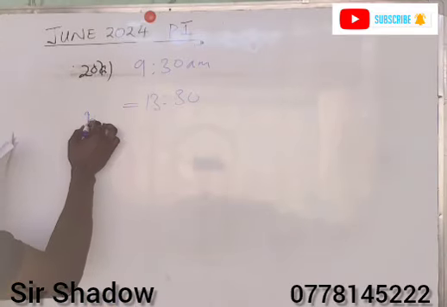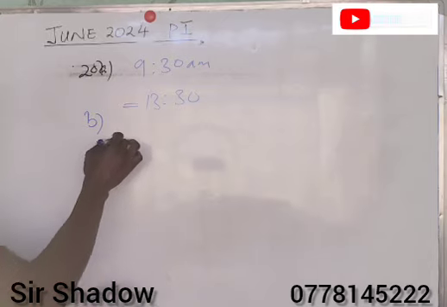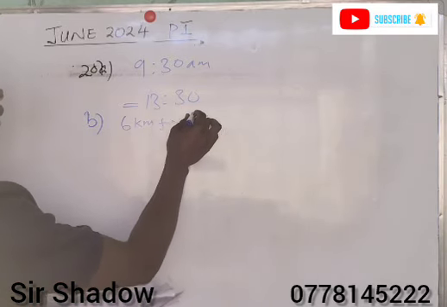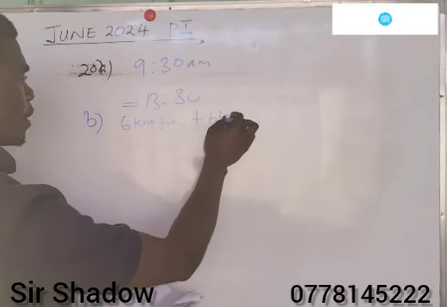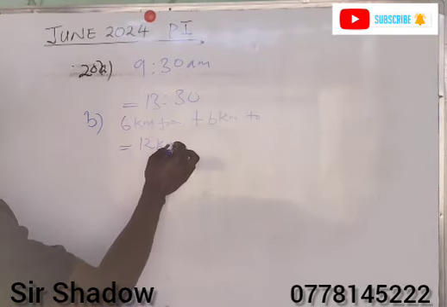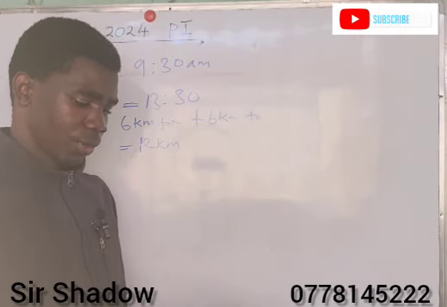So we are saying it is 12 kilometers, 6 kilometers from plus 6 kilometers to, so 12 kilometers to and from home.